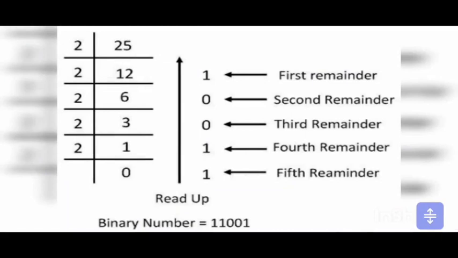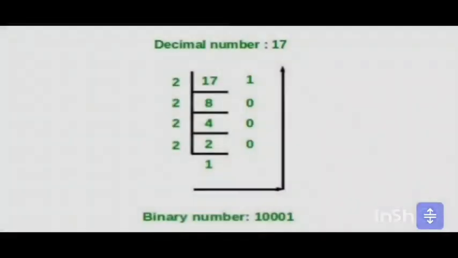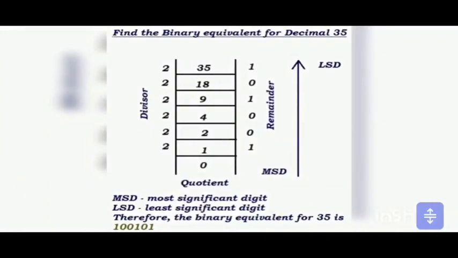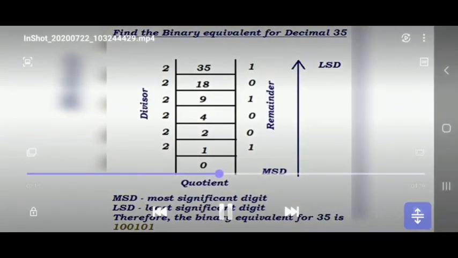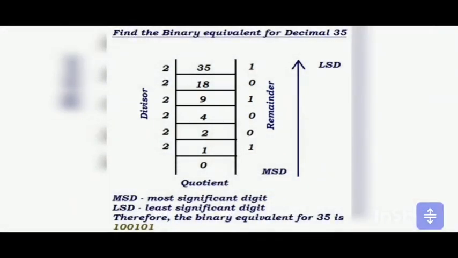In the next example, we will see how, and there are basically 3 examples here. Each example explains how a decimal number is converted into binary number format. Here we can see 17 is every time divided by 2. Now we were explaining MSD and LSD.